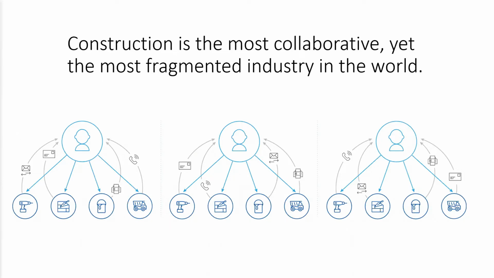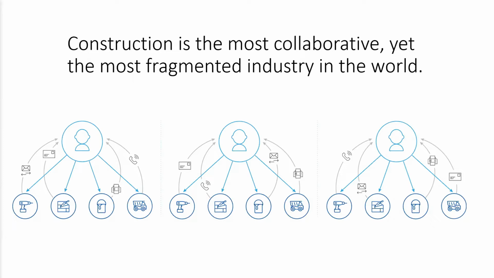These fragmented workflows affect projects from start all the way to the end. How many times have you had field teams work on incomplete or imperfect information from pre-construction teams? What was the impact of that on your projects?